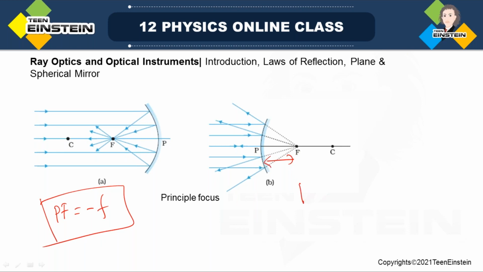What will be the sign of this focal length? PF, again it is positive here. So in case of a convex mirror, the focal length is positive, because it is from pole to the right hand side. You look here, this is the one.